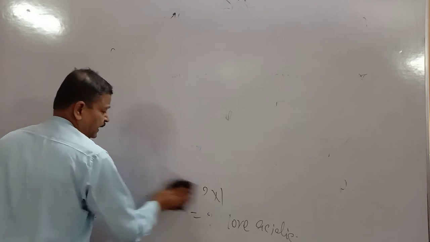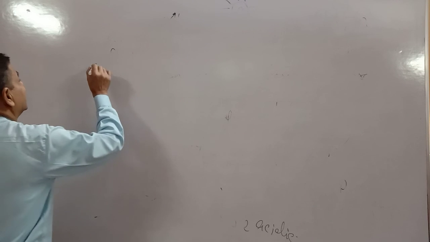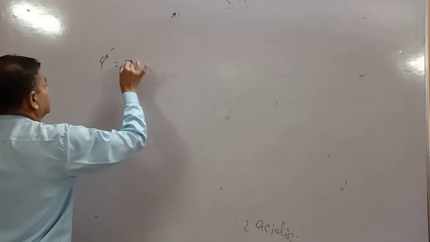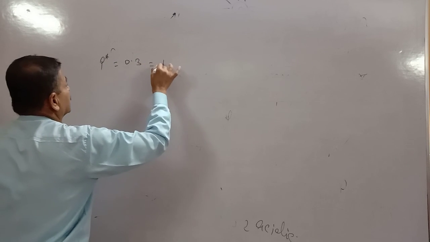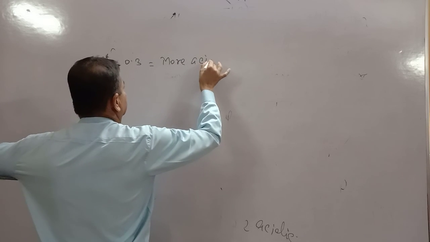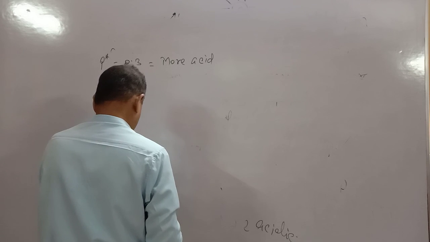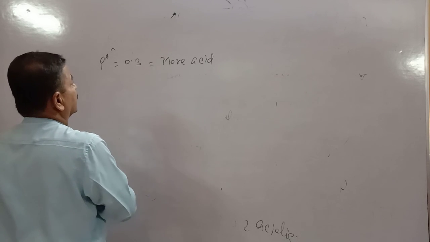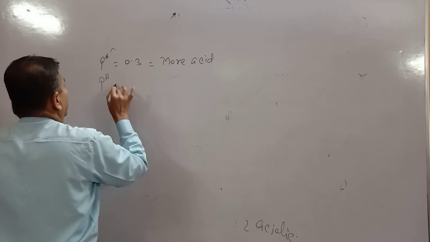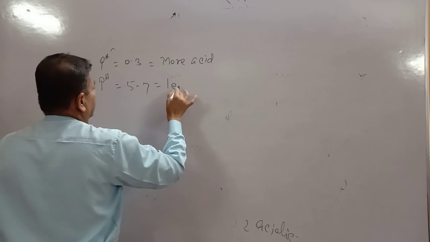If the pH of any solution is 0 to 3, it is more acidic. If the pH is 5 to 7, that is less acidic.